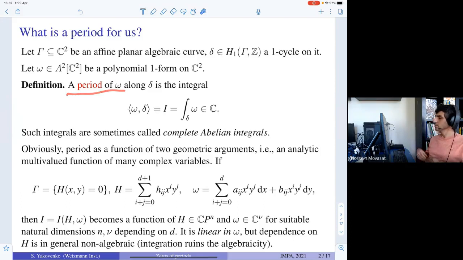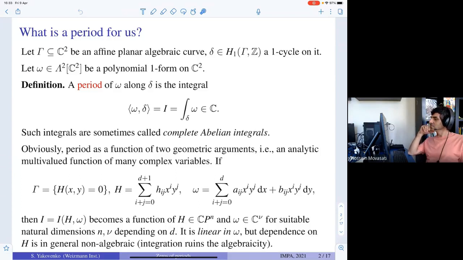by definition, is the integral. Well, just the usual pairing. You take the form and integrate it. So this will be a number, and it's called by lots of different names. In particular, in the theory of foliations and differential equations, it is called a complete abelian integral.